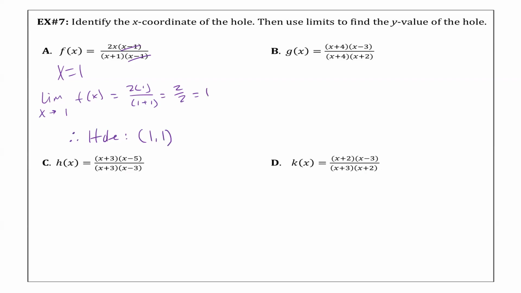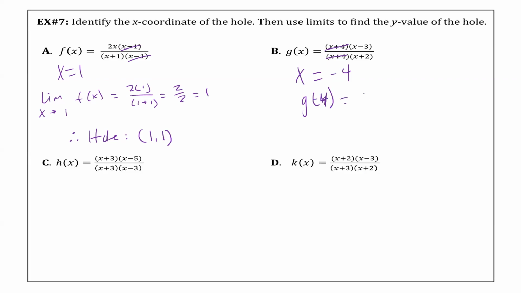Oh, I got a yes. All right, here we go. On this one, x plus 4 is eliminated, which means it's at x equals -4. So we're going to plug into what's left. To find the limit, we plug -4 into g of x.